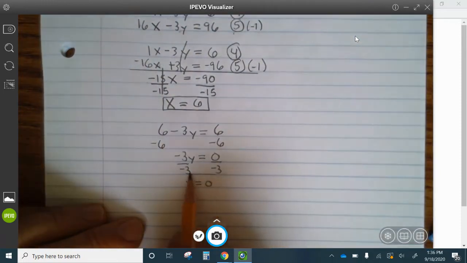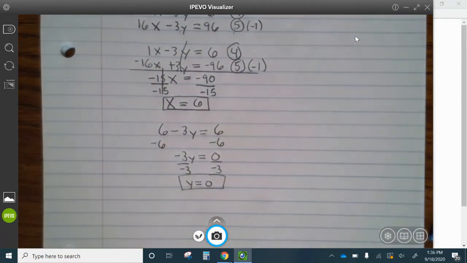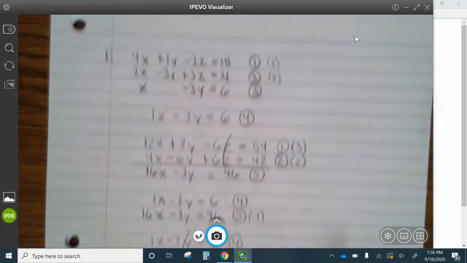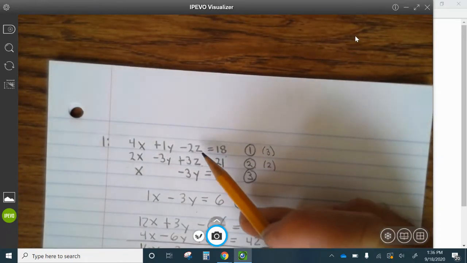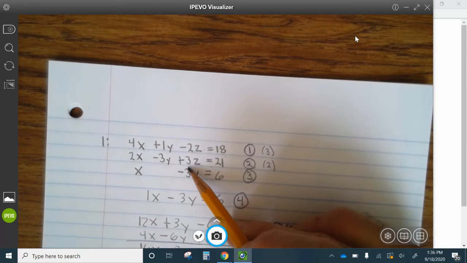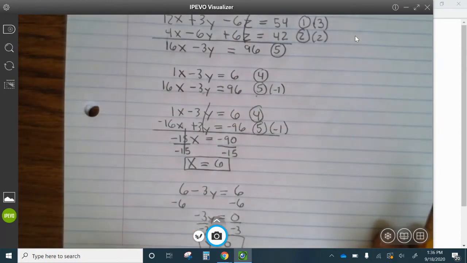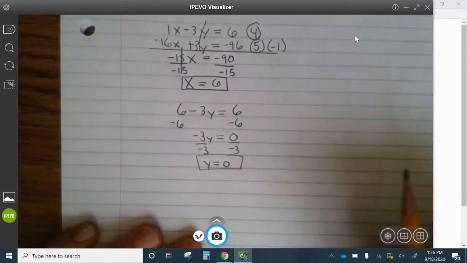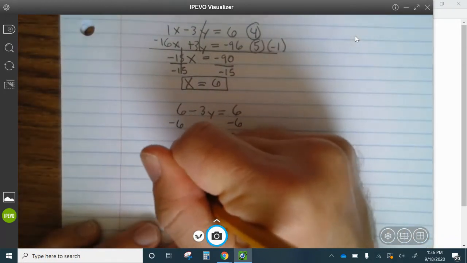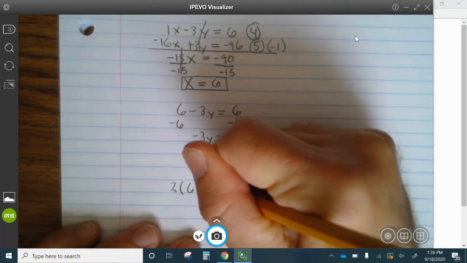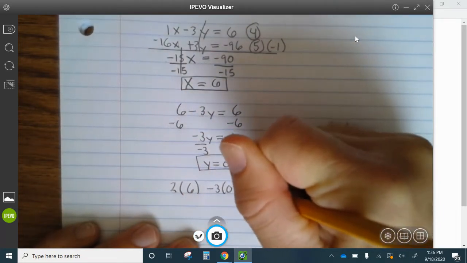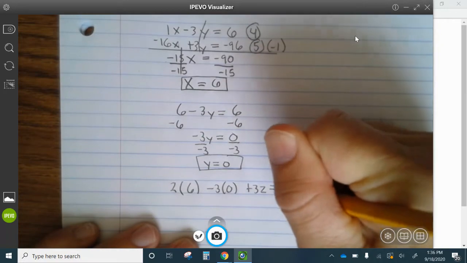Right now, we can plug in x and y into either equation 1 and 2 and solve for z. This one has a positive number in front of z that might make it easier, so let's use equation 2. So then that's 2 times x is 6, minus 3 times y is 0, plus 3z equals 21. So 2 times 6 is 12.